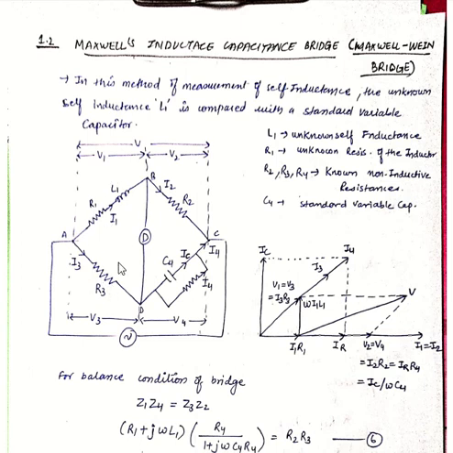R3 and R4 are known, non-inductive resistances. C4 is our standard variable capacitor. In this method of measurement of self-inductance, the unknown self-inductance L1 is compared with the standard variable capacitor C4.